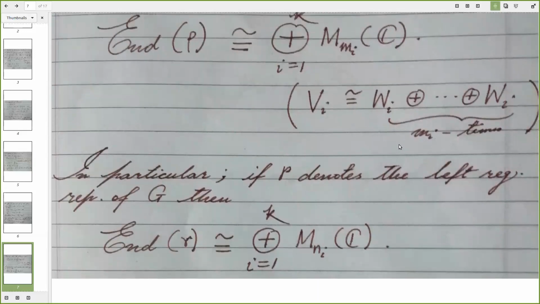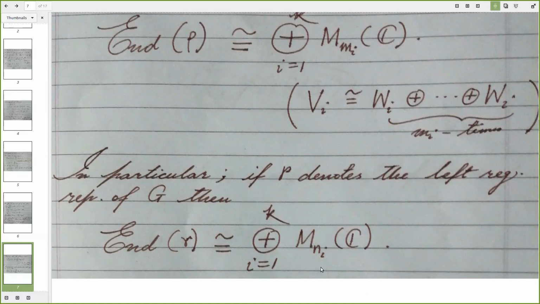So in particular, suppose I take rho to be R, the notation for the left regular representation of G. Then we get the endomorphism algebra of the left regular representation isomorphic to this.